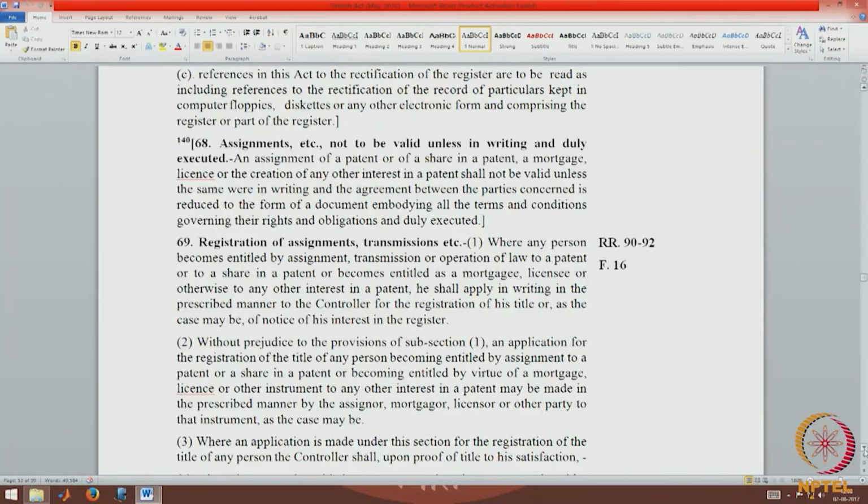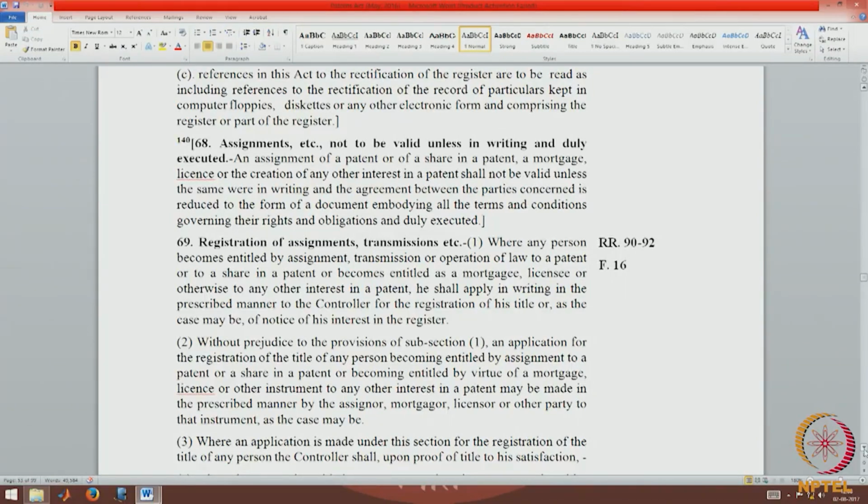And in fact, whenever a patent is amended, there are provisions of the Patents Act where the controller is directed to carry out a change in the register. When a patent is revoked, there is a direction that is passed, say, by the Intellectual Property Appellate Board to carry the change in the register.